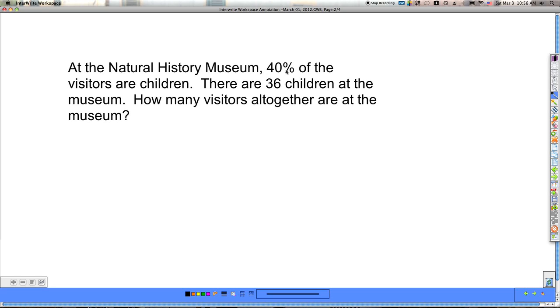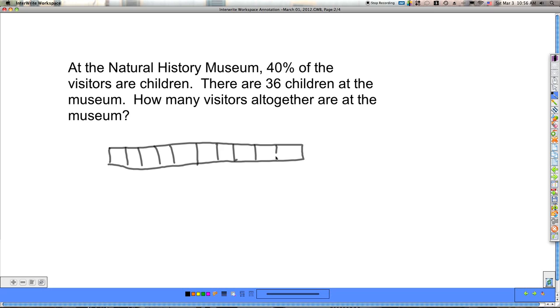Again, I noticed that the percentage there is a multiple of 10, so I'll be able to use a 10 unit bar model. Sorry, it's a little wavy there. All right, so what's going on here?